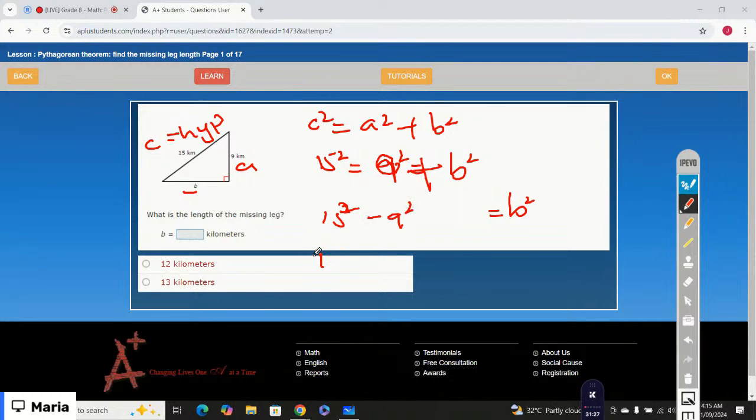15 square is 225 and minus 81, right? So 5 minus 1 is 4. 12 minus 8 is 4. 144 it is. So then B equals 12. When you calculate the square root, the correct option is 12. So that means the missing side length is 12.